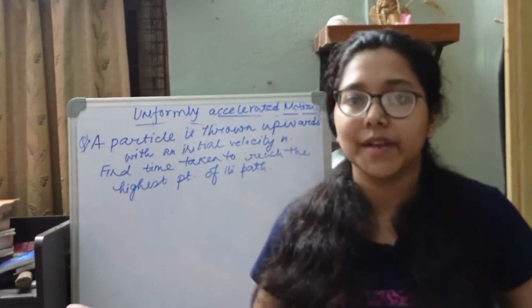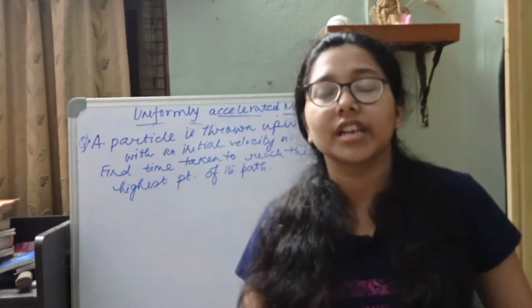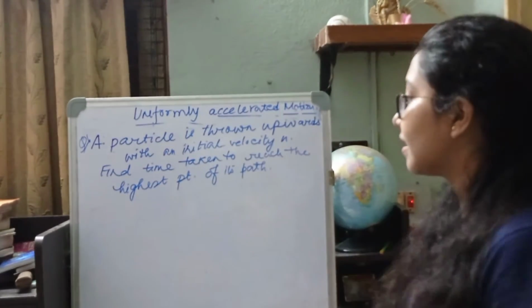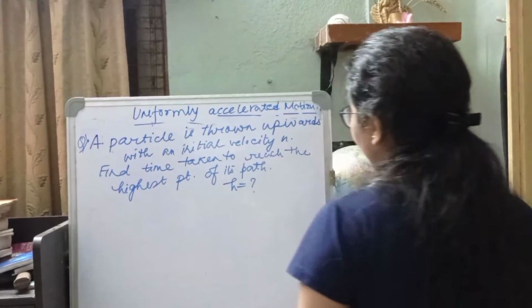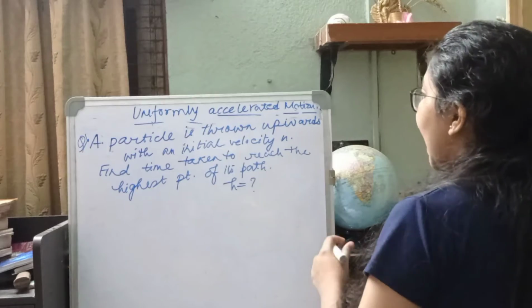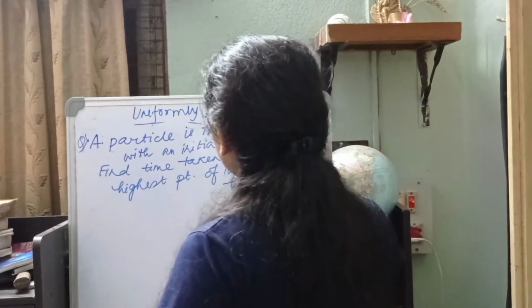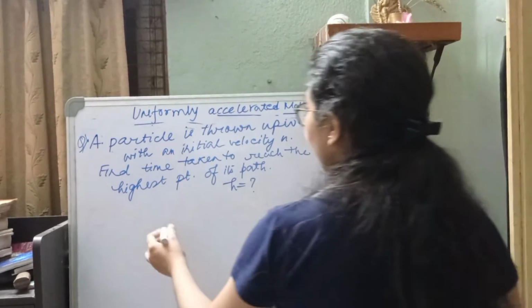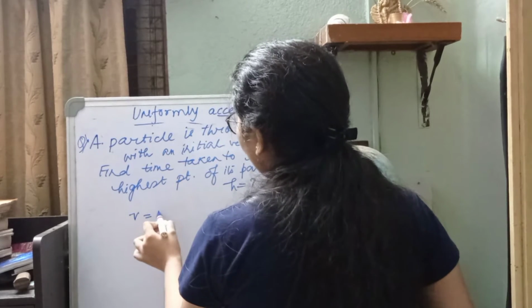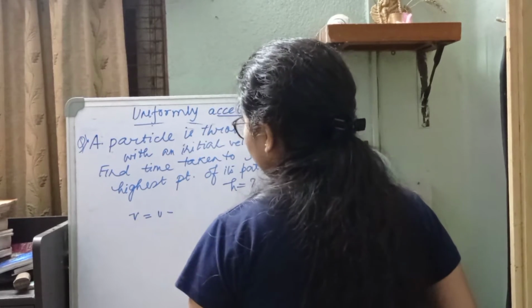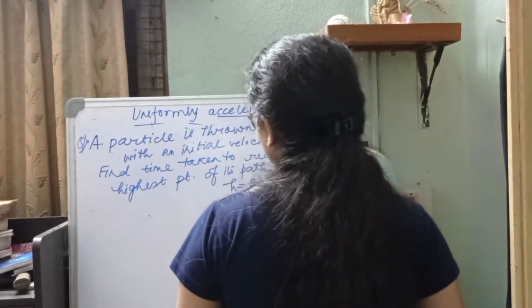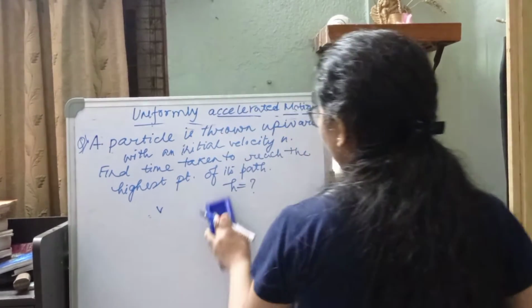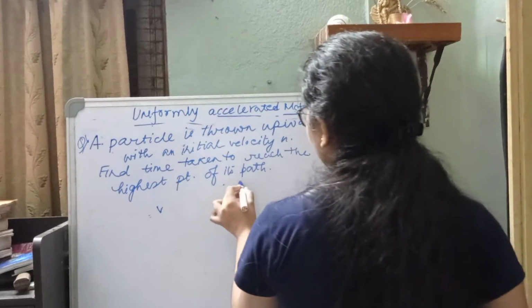You can solve this question using different numerical data, but let us analyze this in the general manner. It is not asked to find the height, it has been asked to find the time.